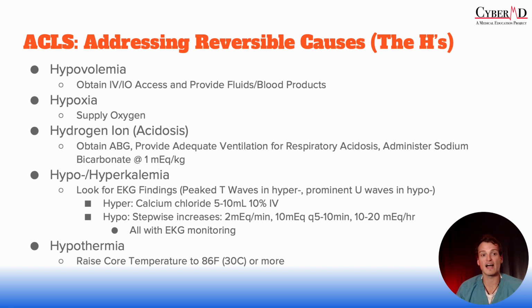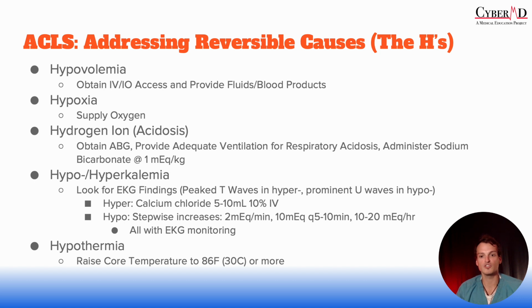The third one is hydrogen ion, which is a little bit of a cheat in the mnemonic, but it stands for acidosis. So hydrogen ion, H+, and acid. Acidosis, that accumulation of any kind of acid in the body, can be very detrimental to our heart's function. So if you suspect a respiratory acidosis or a metabolic acidosis, you obtain an ABG, an arterial blood gas, and get that done stat.